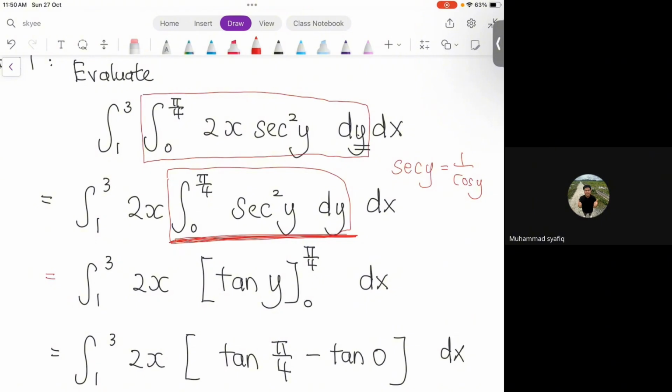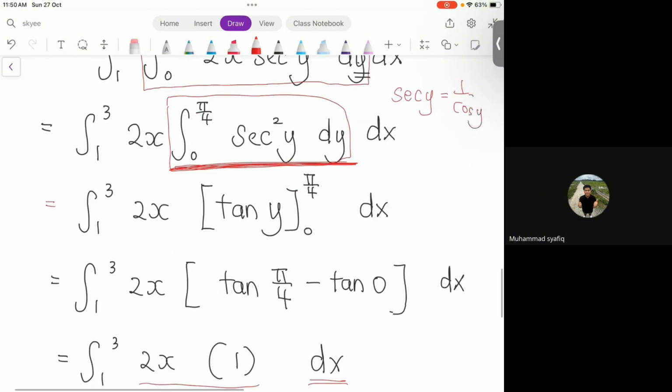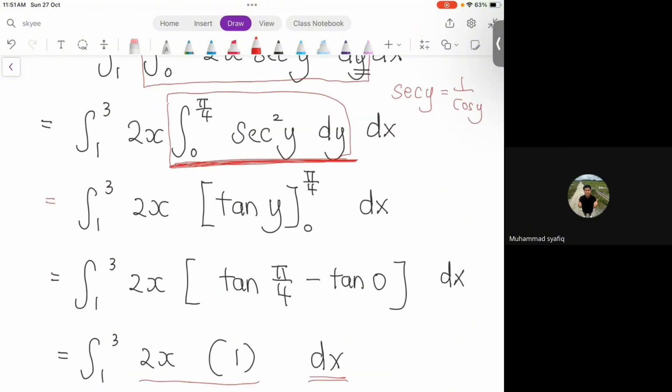Make sure your calculator angle is in radian. So pi over 4, and then this is 0. So you will get the answer equals 1, right? Can you get this?